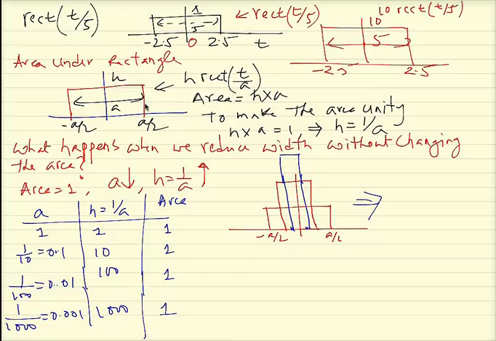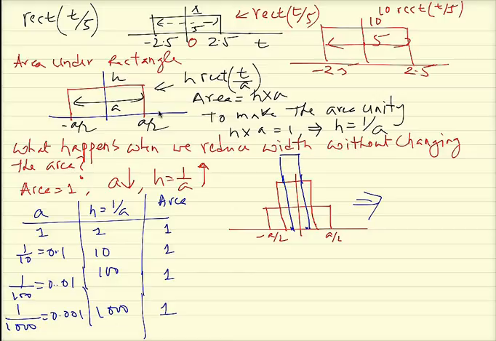It is h into a, right? Symbolically you can write this as h rect t over a. So it's a rectangular pulse with a height h, or amplitude h, whatever you want to call it. The area of this rectangular pulse is h into a, right?